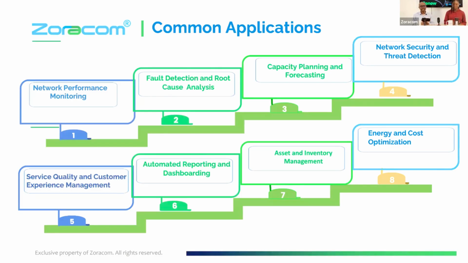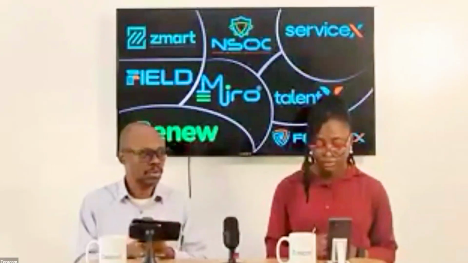Then we have assets and inventory management. There you have your hardware and software inventory, tracking, and other related activity when it comes to the assets and inventory within your organization space. Then we also have energy and cost optimization, where you look at power consumption monitoring. We also look at resource utilization analysis, as far as that environment is concerned.